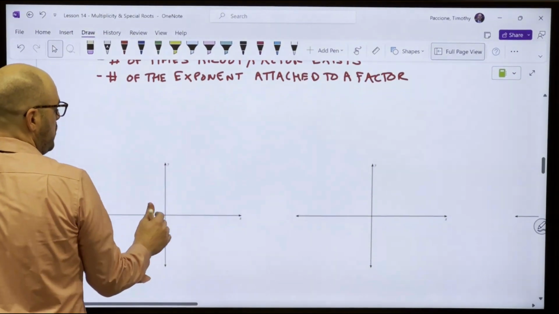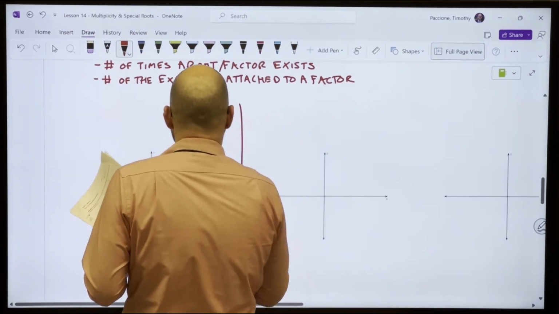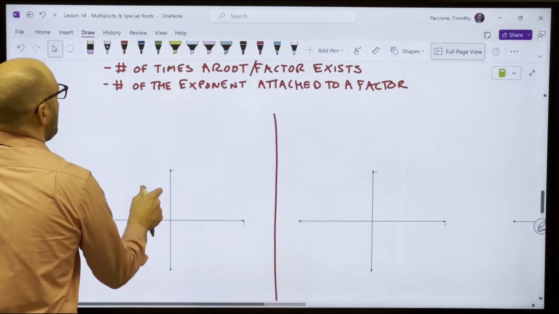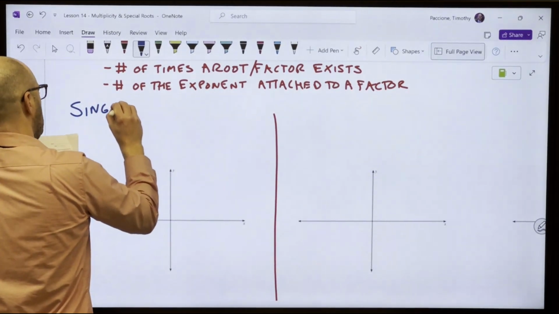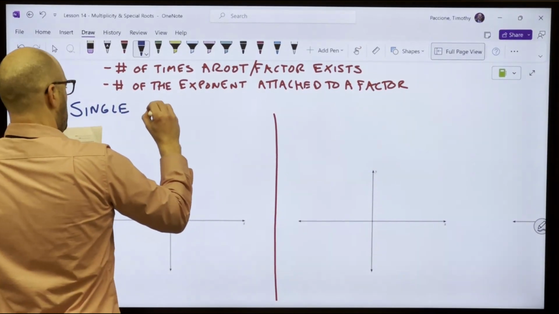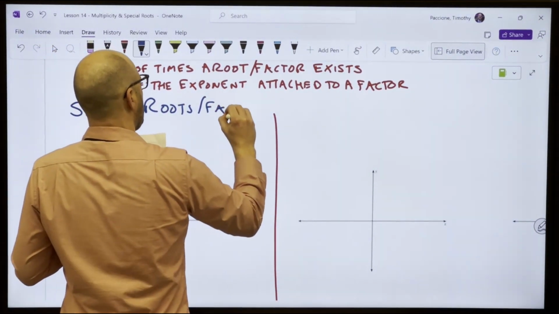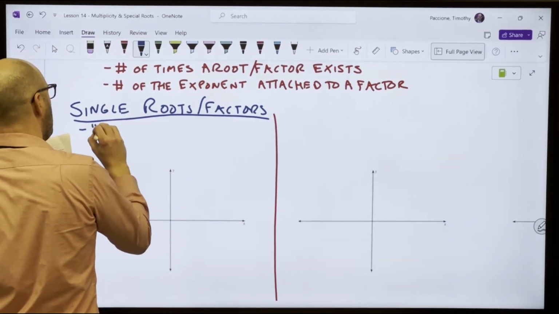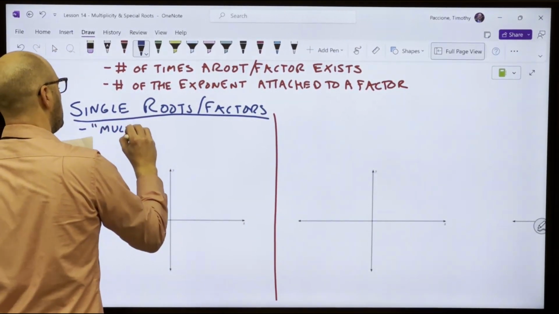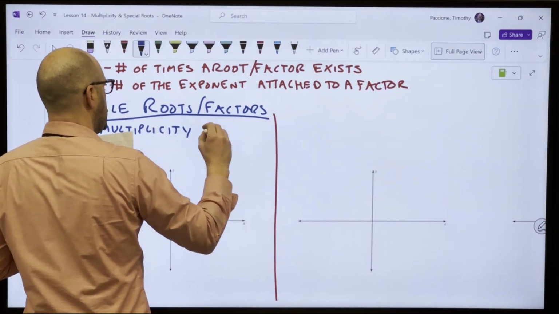Now, the first one we know very well already. We just maybe never thought of it this way, okay? Our first one is single roots or factors. And this would be what we would call a multiplicity of 1. And we're going to look at an example that we're kind of just going to keep changing as we go.